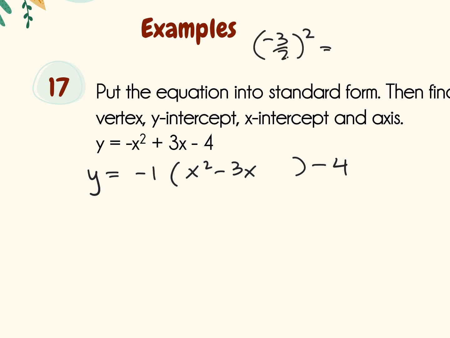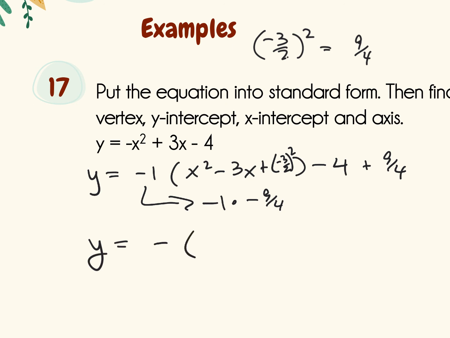This gives me 9 over 4. Now you have to take into consideration the -1, and we would be subtracting 9 over 4, so we're really adding it. And then in here I put the -3 over 2 squared. I factor it. I leave that negative sign there. So then it becomes x minus 3 over 2 squared.